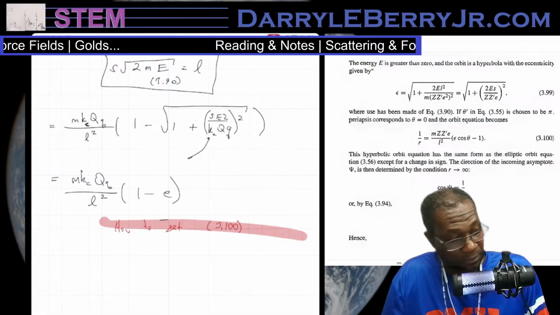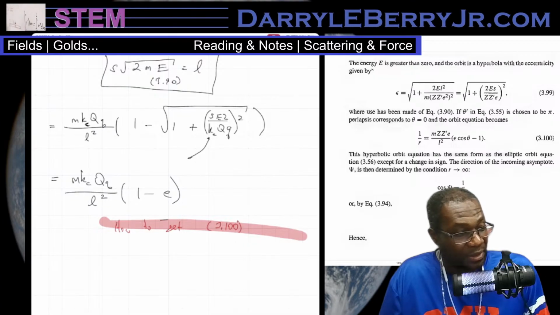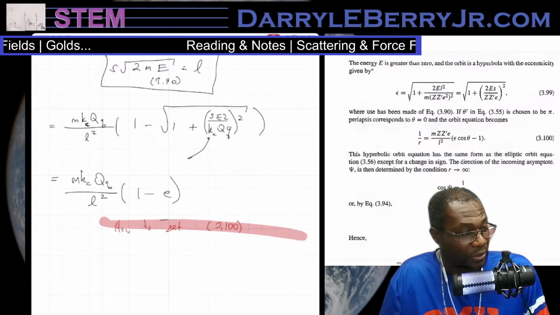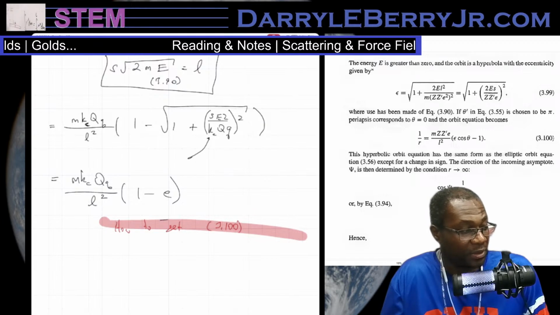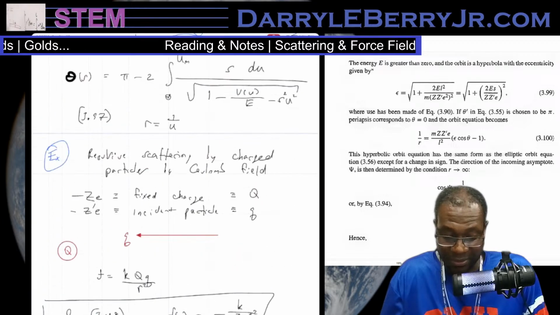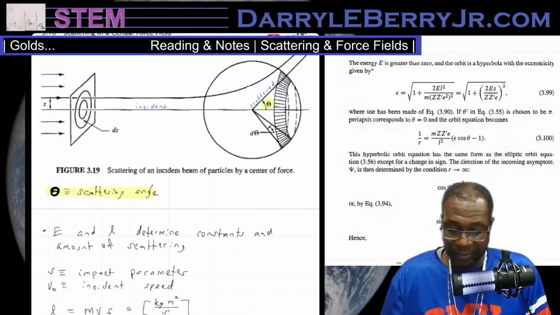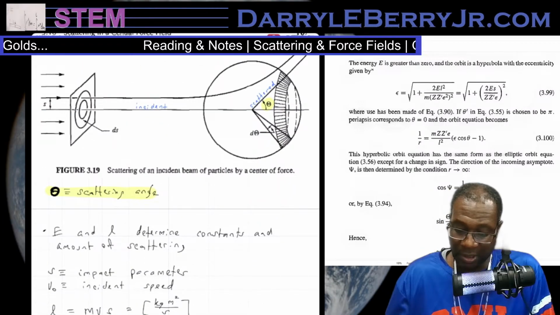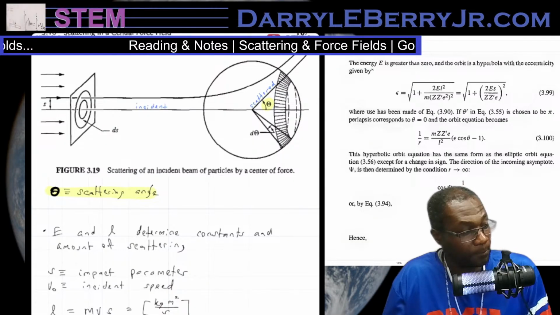This E cosine. Okay, let's leave it alone. This hyperbolic orbit equation has the same form as the elliptic orbit equation except for a change in sign, the direction of the incoming asymptote, psi. So we're going to be talking about this illustration here, where now we have an incident particle being scattered by another particle of the same charge.